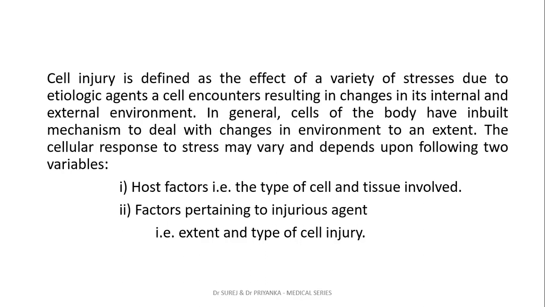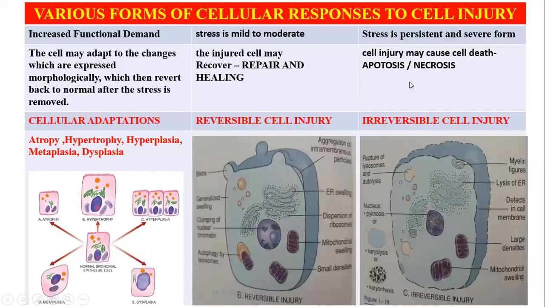As a complication, it goes to pus and necrosis. So these are the different higher forms. Before going to the higher forms, there is a basic thing, so there comes the importance of cell injury. So we are going to the various forms of responses of cell injury.